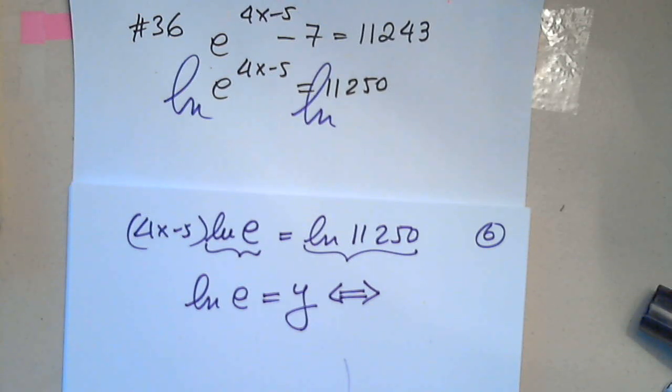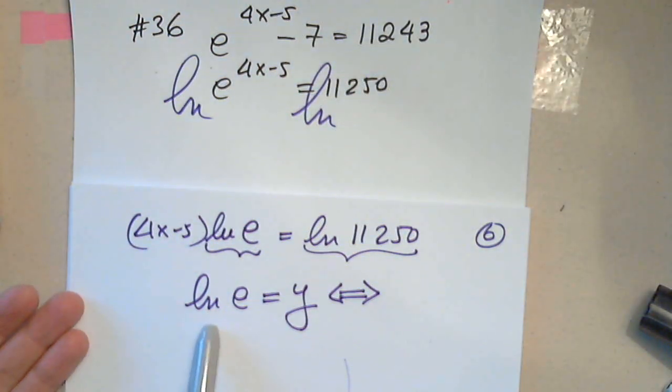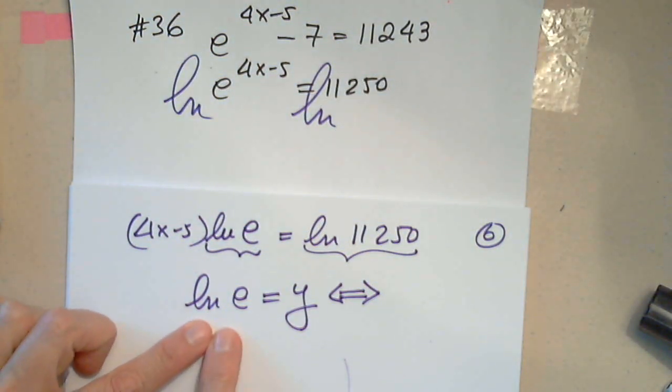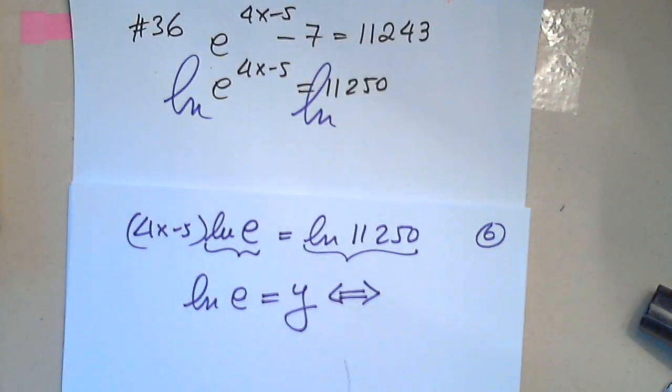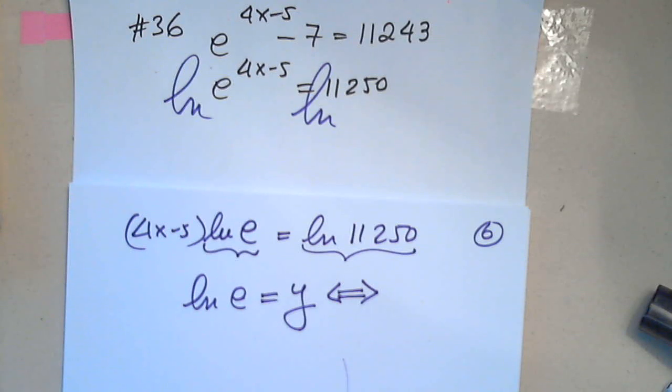So how do I change this into an exponential? Remember, I start with the base, but I don't see the base. What is the base here? Oh, it was e. Exactly, e. It was a tricky question, I'm sorry. We don't write it, but it's base e.